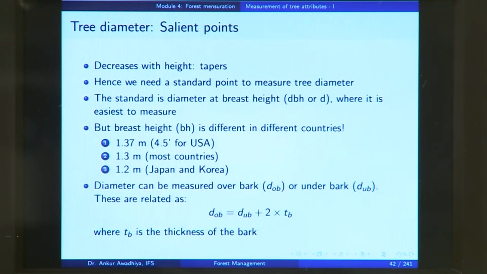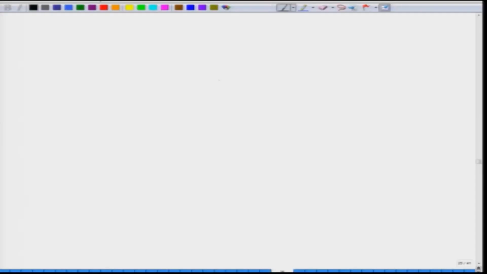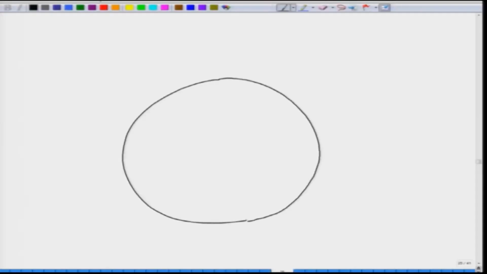Another salient point in the measurement of tree diameter is, do you measure it over the bark or under the bark? If you look at a cross section of a tree, we will find that a tree is surrounded by a bark.